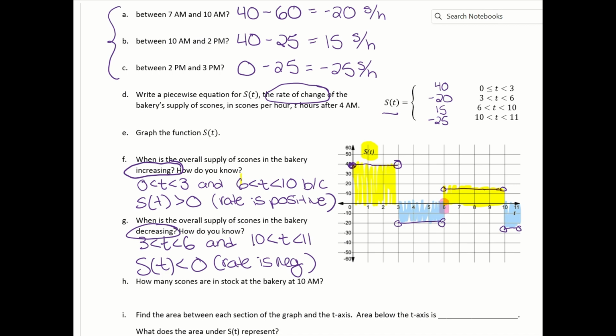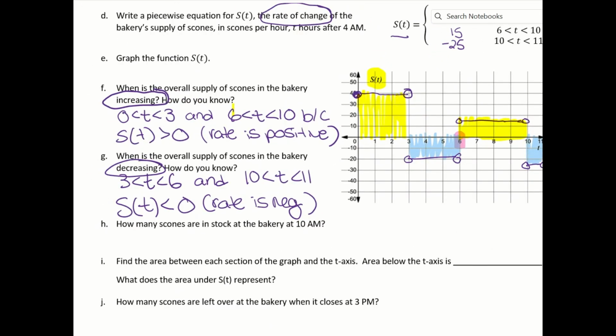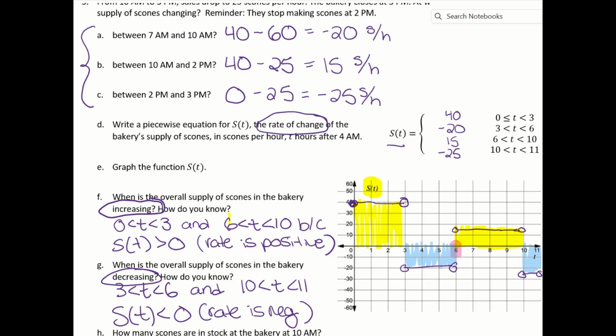We know that for the first 3 hours, we are making scones at a rate of 40 scones an hour for 3 hours. Plus, we know from up here that between 7 a.m. and 10 a.m., the rate is negative 20.